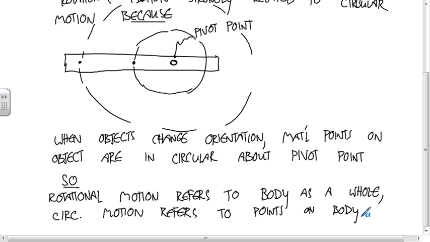So as we start to talk about calculations with rotational motion, one thing that's going to make this all a lot easier is that the rotational motions that describe the motion of an entire body are analogous in a lot of different ways.